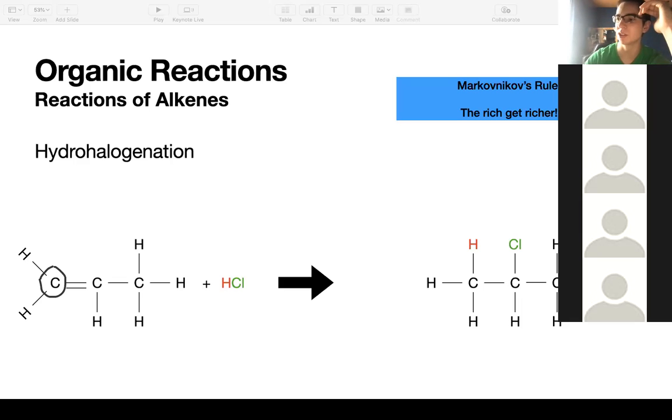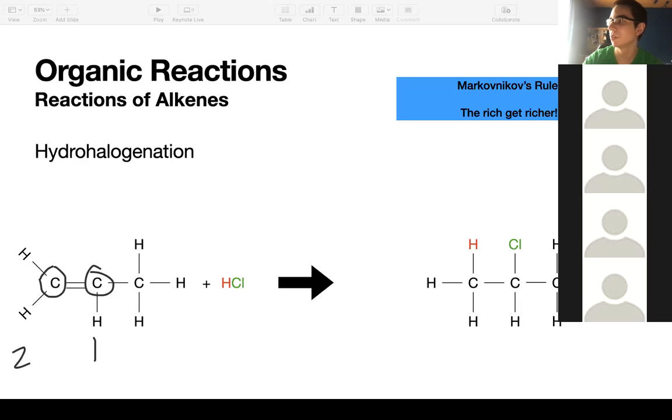How many hydrogens does it have attached to it? Two. So let's write that. What about this one right here? How many hydrogens? 1. Which one would you say is more hydrogen rich? The first one. It has 2 as opposed to 1.